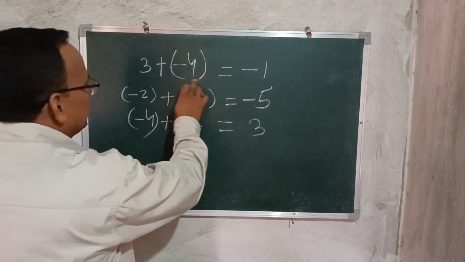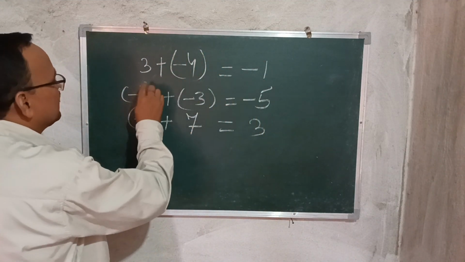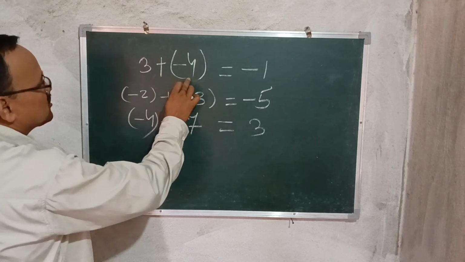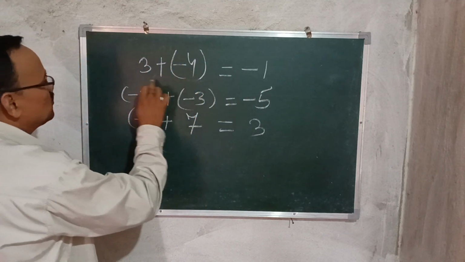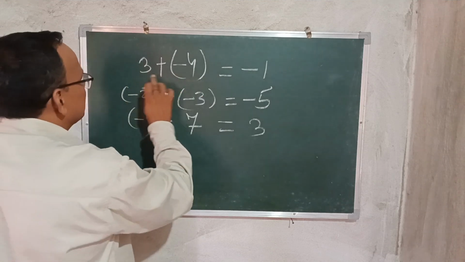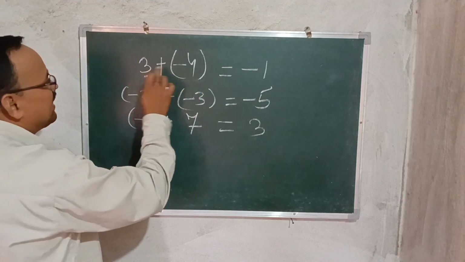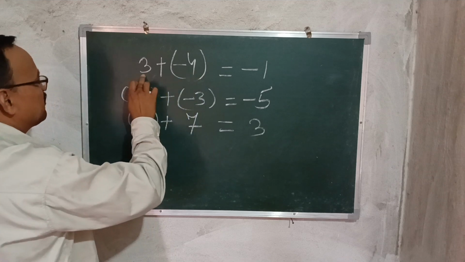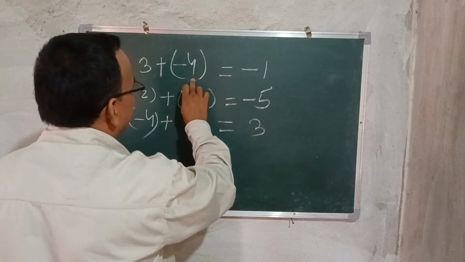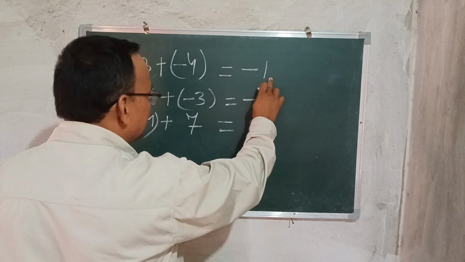You might have known that 3 plus minus 4 is equal to minus 1. How? In this case, of the two integers 3 and minus 4, one is positive and another is negative, but the result is negative.